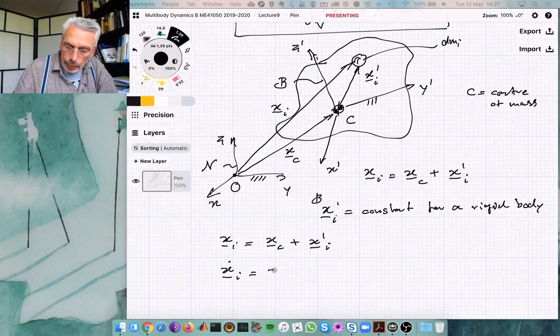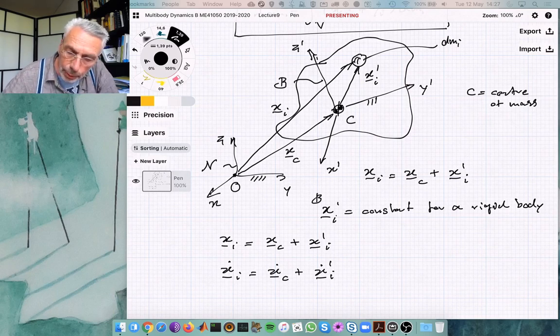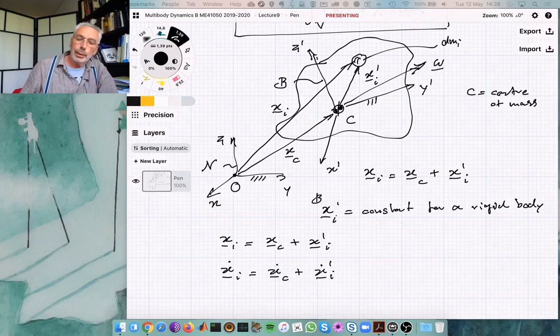X dot I is x dot c plus x dot prime I. Now, what is the speed of this point? You could say, oh, well, it is because the point moves within this reference system, because the mass wanders around in the body, and because the body is rotating. We didn't say that the body is rotating, so we put an omega here. So the body is also rotating with a certain speed.